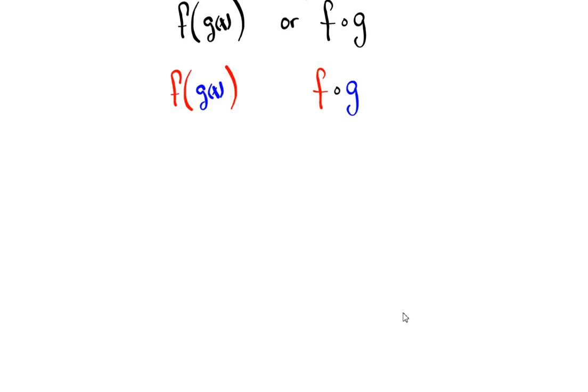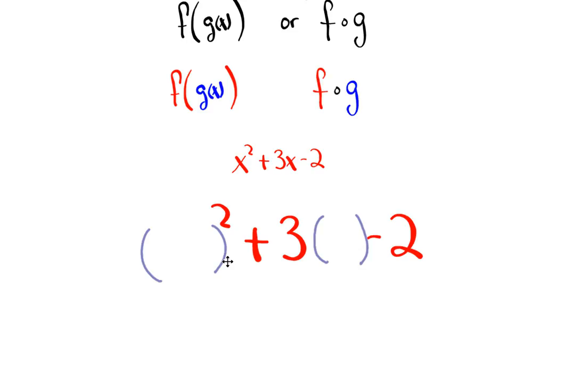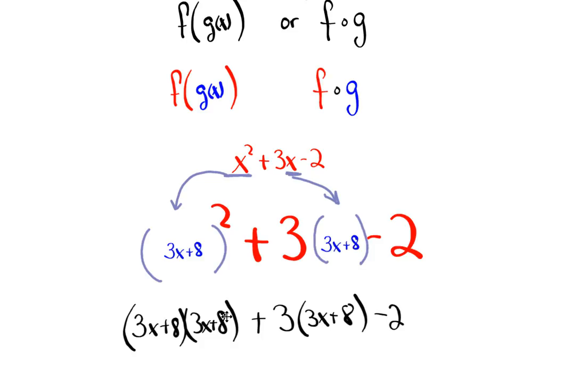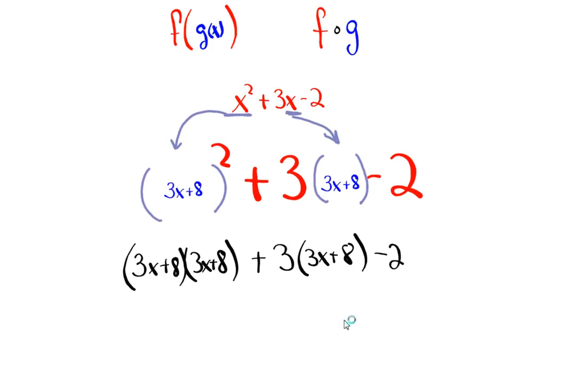Okay, so with that said, here's f, x squared plus 3x minus 2. Every place there is an x, I'm going to put a set of parentheses. The x's became parentheses. Inside those parentheses, I am putting g of x. Now, I'm going to expand this where I have my 3x plus 8 twice, because that's what it's squared, and then my 3 times 3x plus 8.